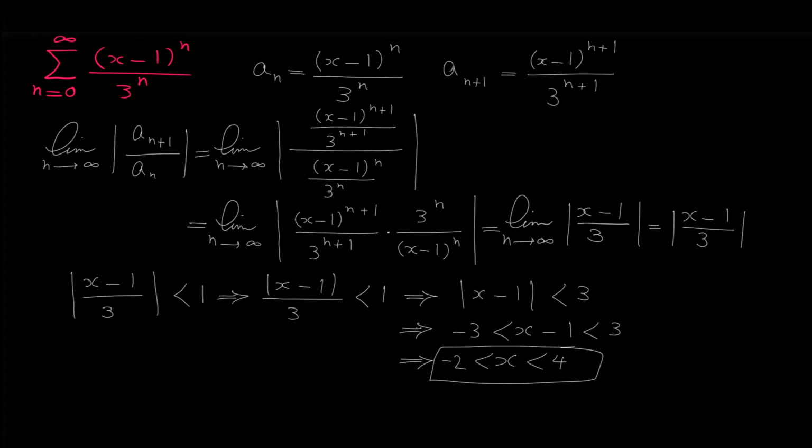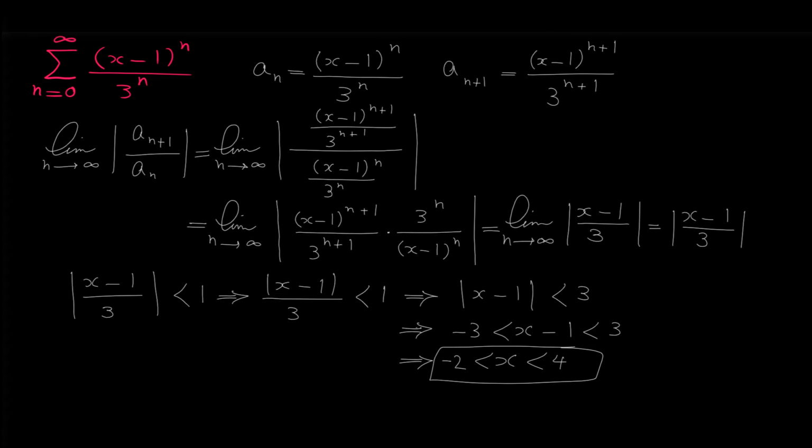It is possible that the power series is convergent at the endpoints of this interval. In this example, we have to test separately for the convergence or divergence of the series at -2 and 4.